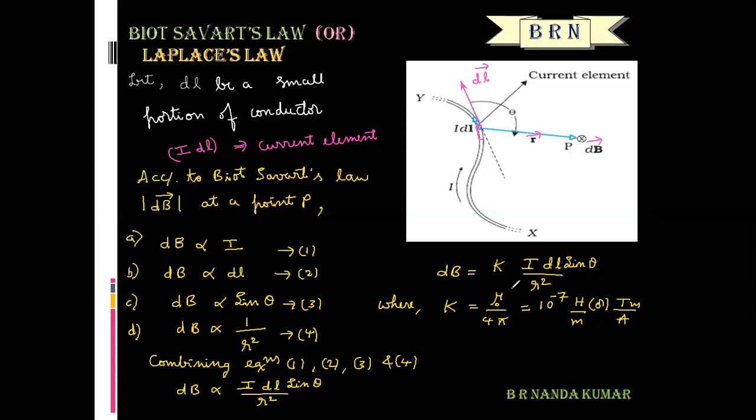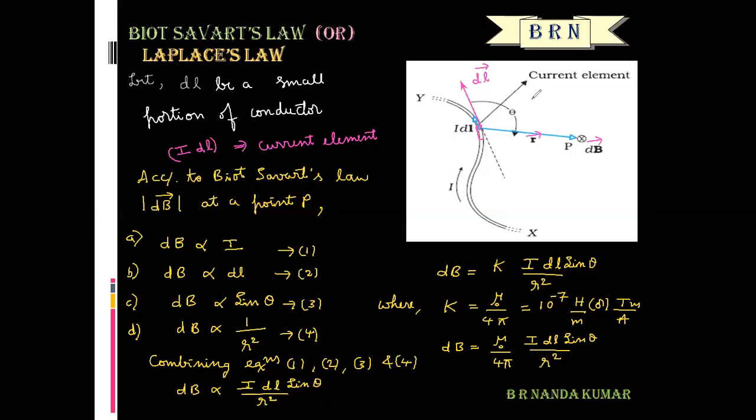Okay. So now the equation becomes dB is equal to mu naught divided by 4 pi, where mu naught is permeability of free space. So that determines the strength of magnetic field in free space. So dB is equal to mu naught divided by 4 pi I dL sine theta divided by r square.